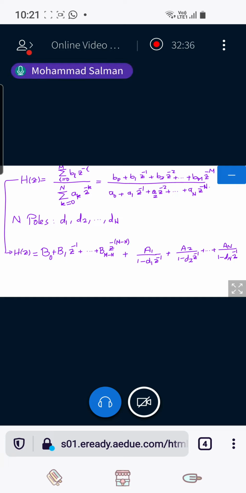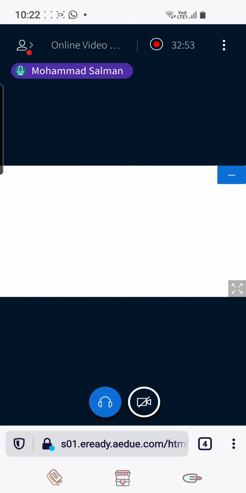Okay? Clear? So it depends on the degree of the denominator and the numerator. Let's write this in summation form. So this is equal to, let me write it on the second page because I need to write underneath.